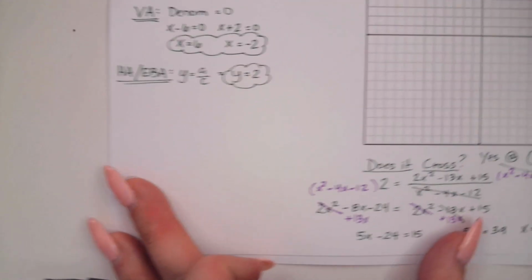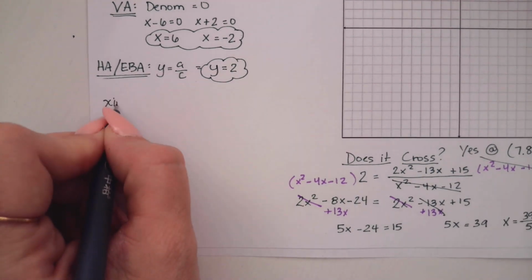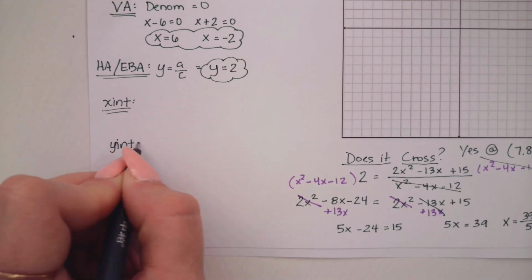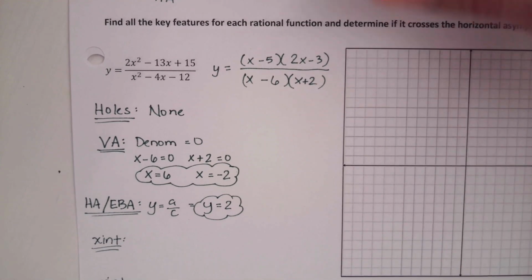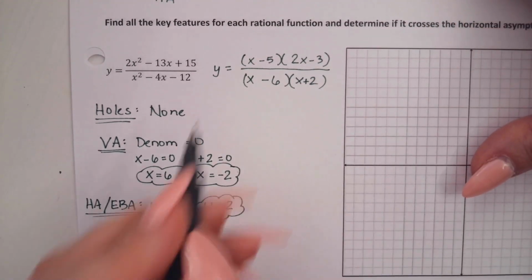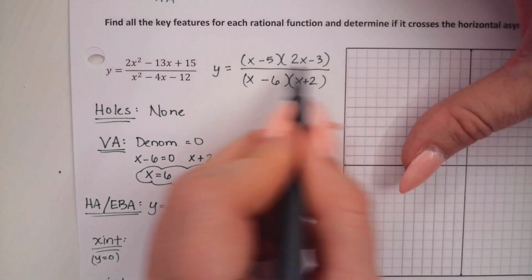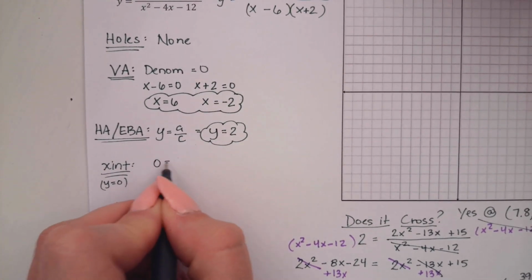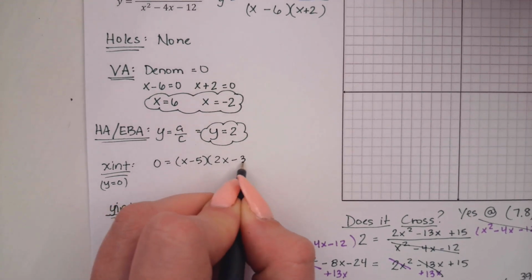What else do I need to find? X-intercepts, y-intercepts. The x-intercepts, remember, that's when y is 0. But do remember, when y is 0, that means your denominator is going to cancel. So you really just have your y equals 0 set equal to your numerator. So I'll have 0 equals (x minus 5) times (2x minus 3).